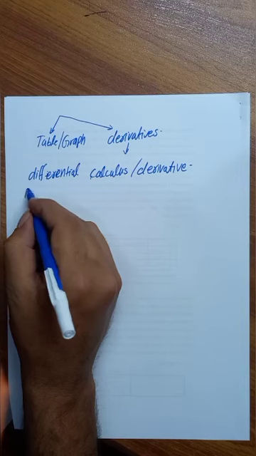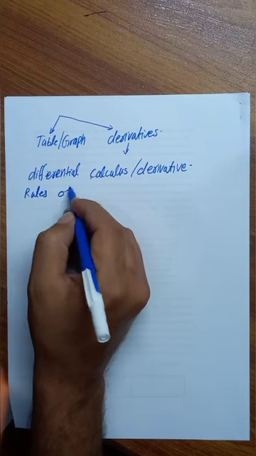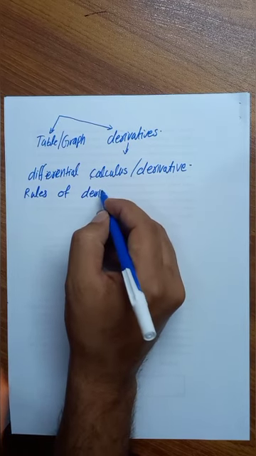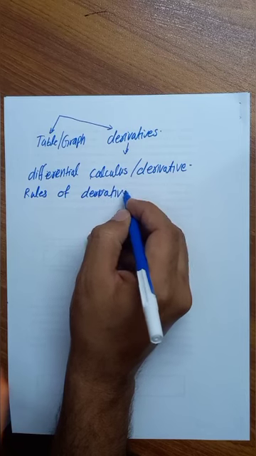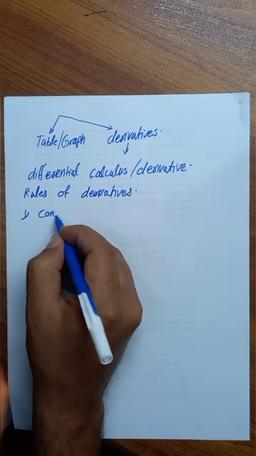We have rules of the derivatives. The first rule is the constant rule.